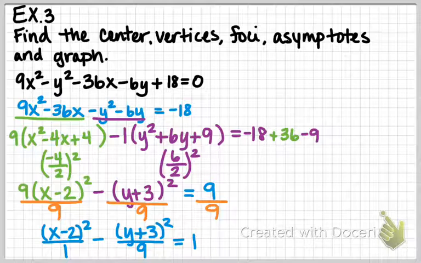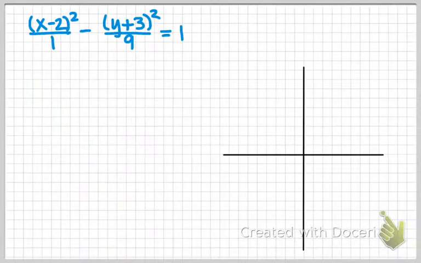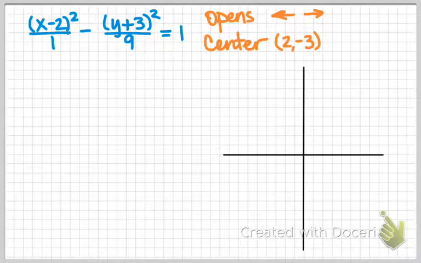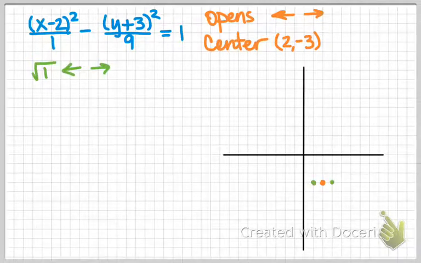Okay, so now I have everything I need to graph my hyperbola. So I know that this hyperbola opens left and right because x squared is first. The center will be at 2, -3. The square root of 1, I'm going to go left and right, so that's 1 space left and right.